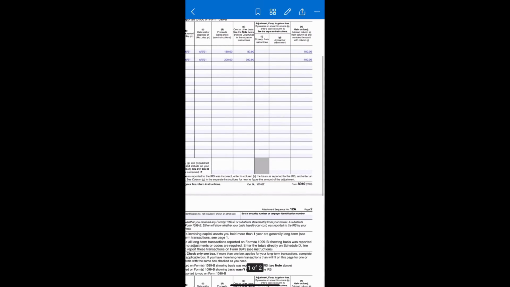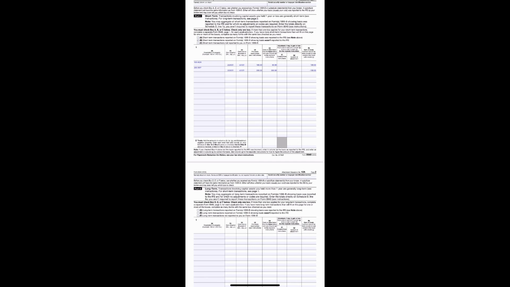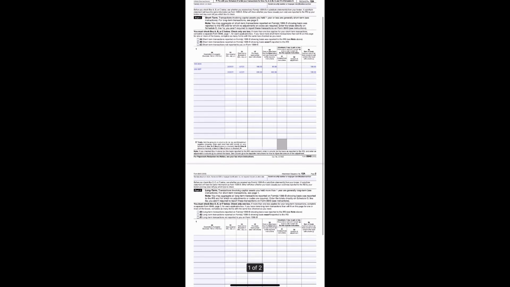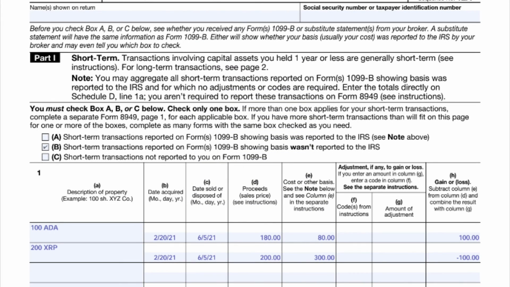You would just tally that up, and you would add that information from the columns into the bottom columns here where it's appropriate. But you really want to make sure that when you open the trade, so when you first purchase it, you fill out column A, you fill out column B, and the column that I think is E, that shows what you purchased or how much you purchased it for.